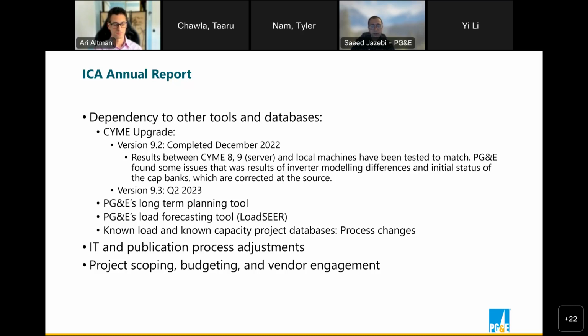Then there need to be some databases developed for the ICA refinements. That needs some changes in the process. We need to have some databases for the new load projects and things like that that are approved. And then there are a couple of IT and publication process adjustments. For example, as described, the new ICA is forward-looking.